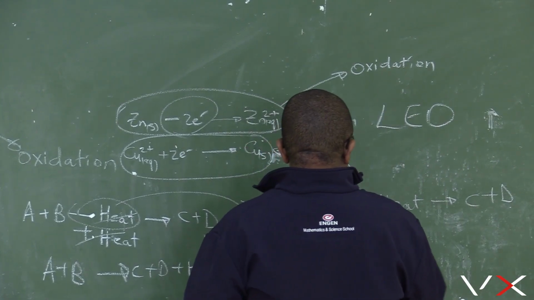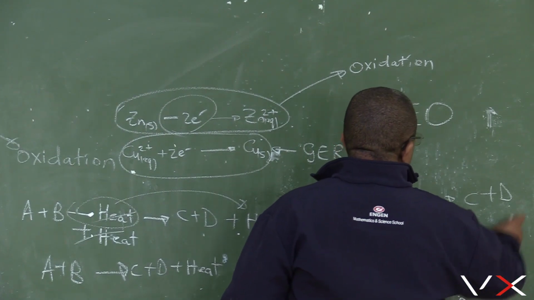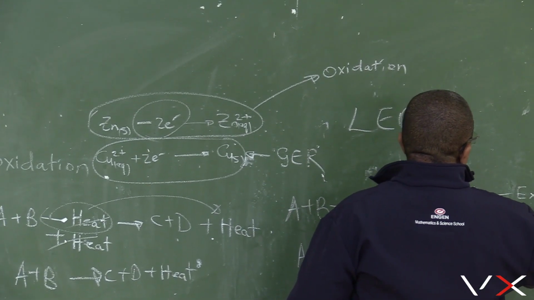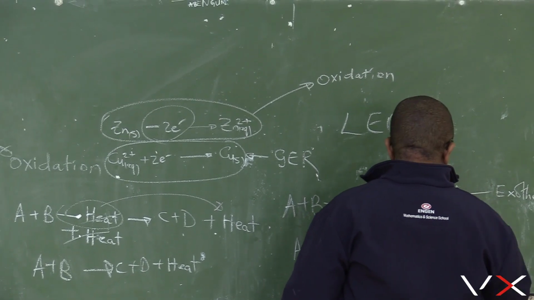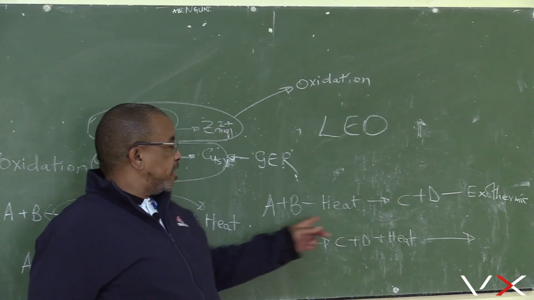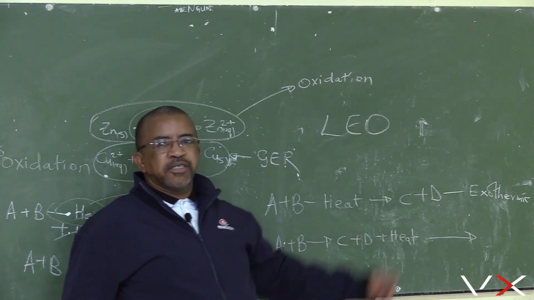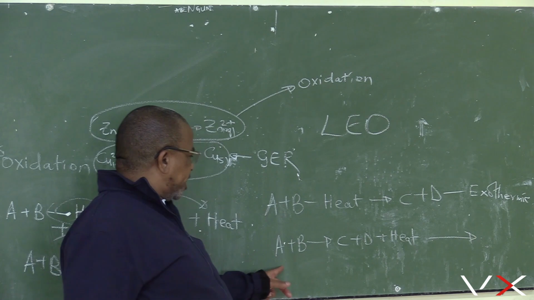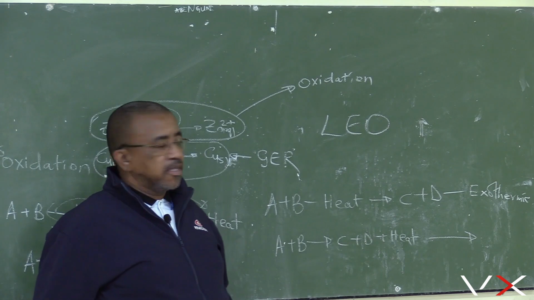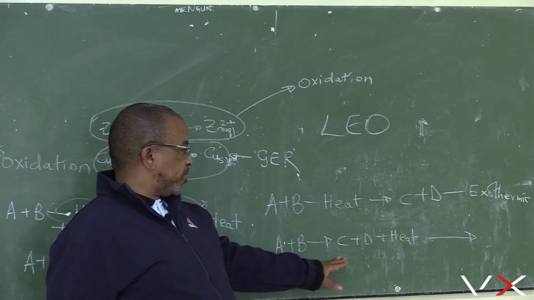A plus B yields C plus D plus heat. This is an exothermic reaction. This is still exothermic, because heat is given off. If A reacts with B, it releases heat to form C and D. Or you can say, if A reacts with B, it forms C and D, and heat. Heat is a product. Heat is released. Heat is given off. We write it like this. It is no longer written the old way.